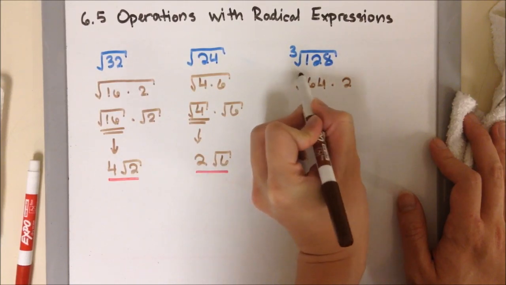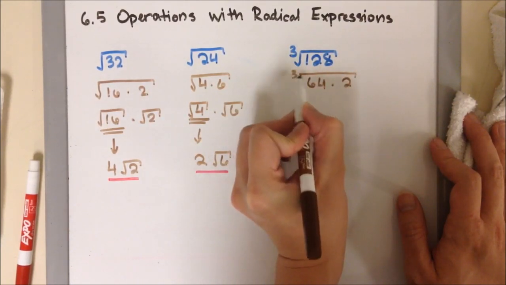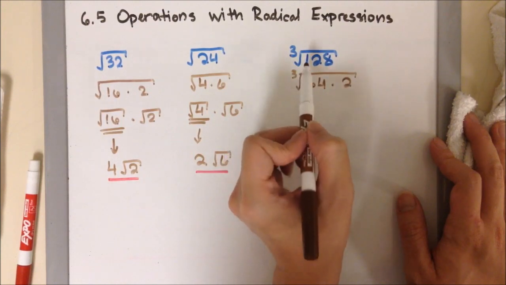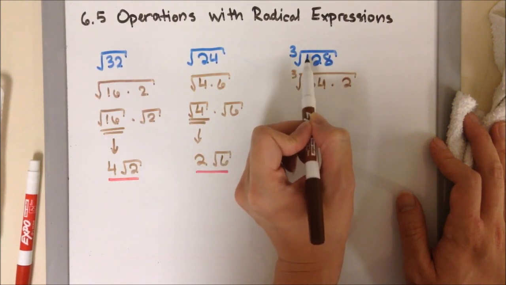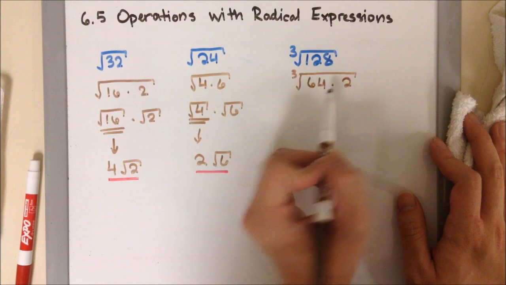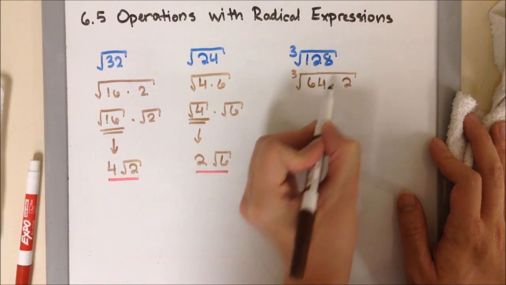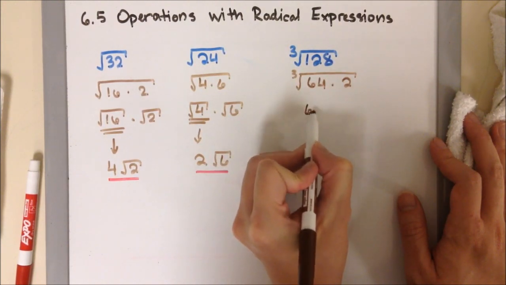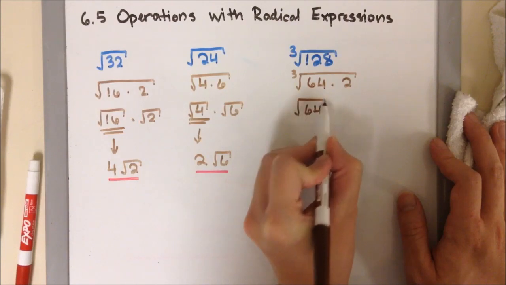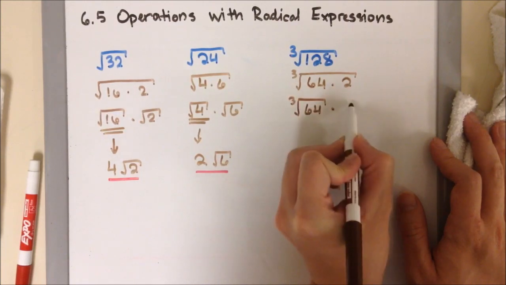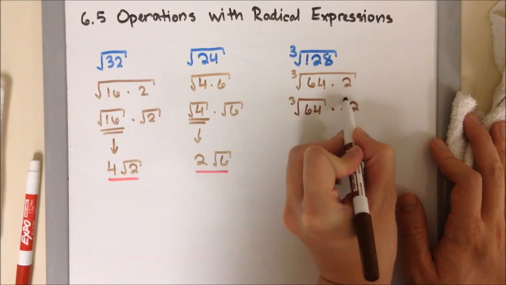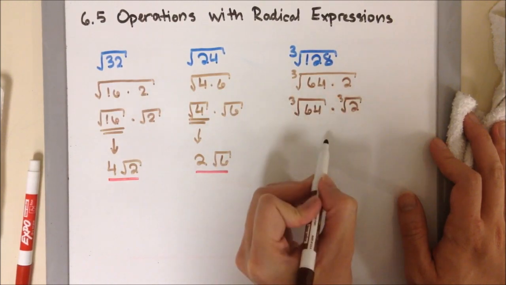So we're doing the cube root of 64 times 2, or I basically break down 128 into 64 times 2. Again, since it's multiplying, I can write the cube root of 64 times the cube root of 2.